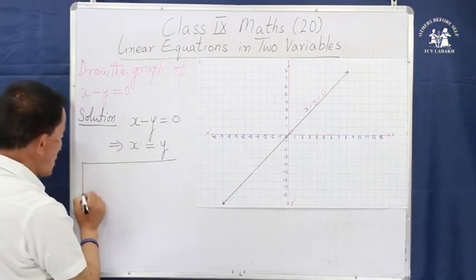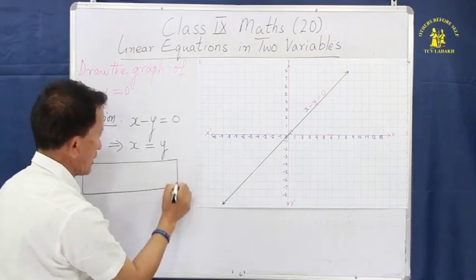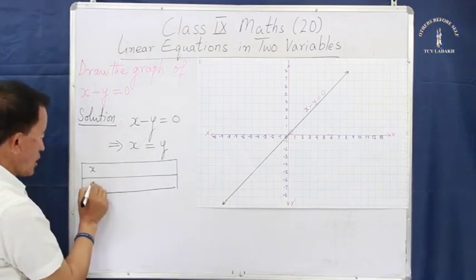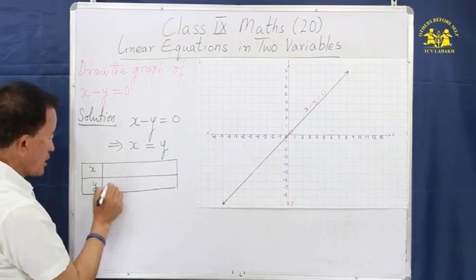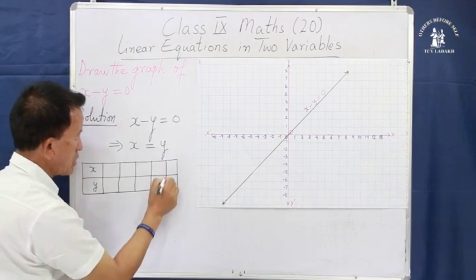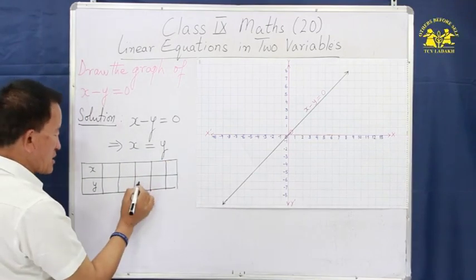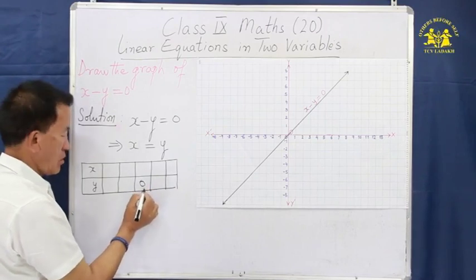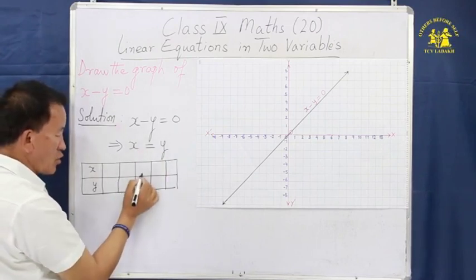So let's say y is 0. If y is 0, it means x is also equal to 0.